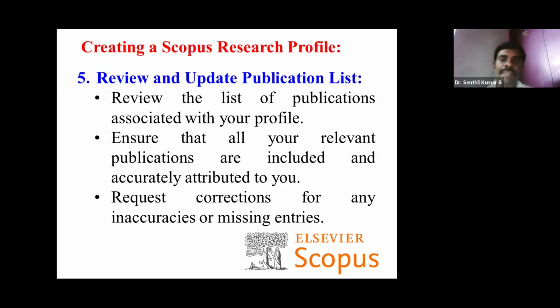We may think that the journal is indexed in Scopus, but your article published in that journal will not be updated in the Scopus database. That is very important. And another important thing is, if your article is published in a Scopus indexed journal, the Scopus database takes 2 to 3 months to update that article into your account.